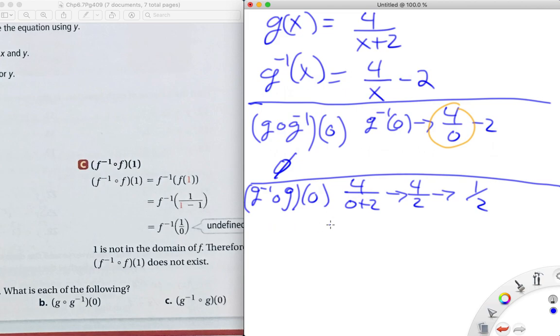So then the next step is going to be 4 over 2 minus 2, which is 2 minus 2, which is 0. There you go. Alright, so then this works.